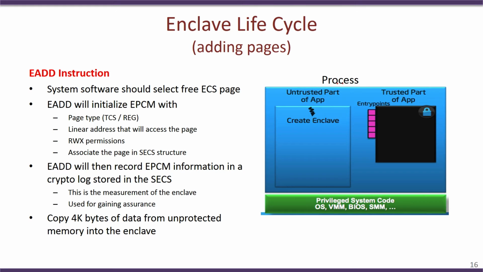Then the EPC page is filled, and 4 kilobytes of data is copied from the hard disk, that is from the application's binary, to the EPC page, that is to the DRAM. Note that all of this data is encrypted, because the data present in the hard disk as well as the DRAM is outside the processor, and as we have seen before, any enclave data or code present outside the processor is always in an encrypted state.